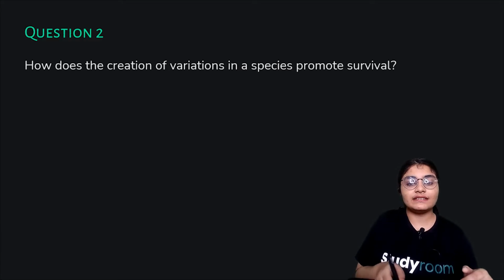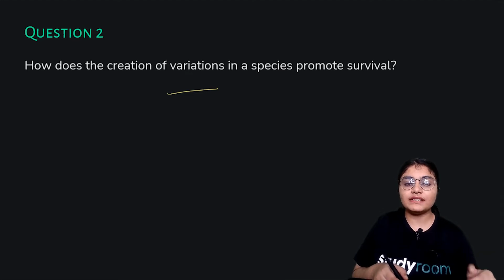So you can see that at times when there are adverse natural conditions, these variations actually come and rescue the individuals of the species, and they help in the promotion of survival. So that is how a species continues to live generation by generation through millions of years.